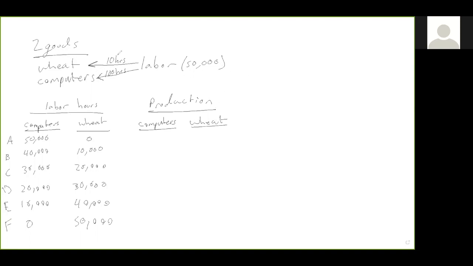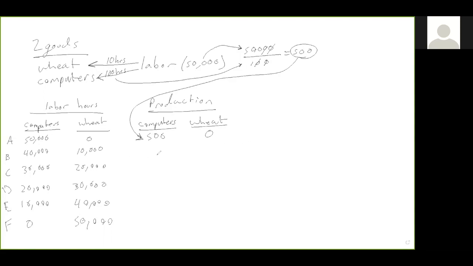Well, we simply take the total labor hours, 50,000, and divide by how many labor hours it takes to produce one computer, which is 100, so 500. So that goes here. And of course, we devoted no labor to wheat, which means we produced zero wheat.